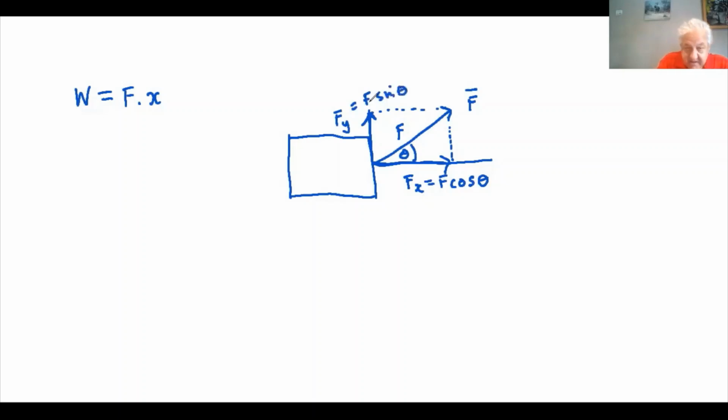And as we have said, since there's no movement in the y direction, we've assumed this force is not big enough to lift it, otherwise work will be done. So we assume that Fy is not big enough to lift the object from the horizontal.